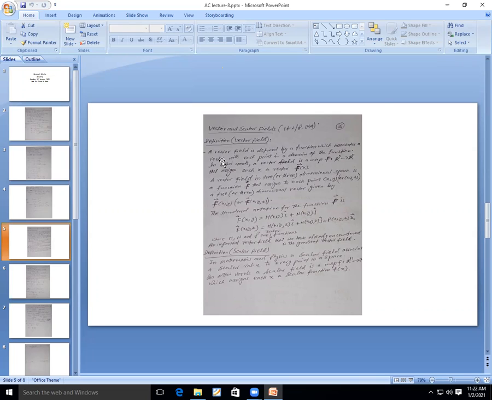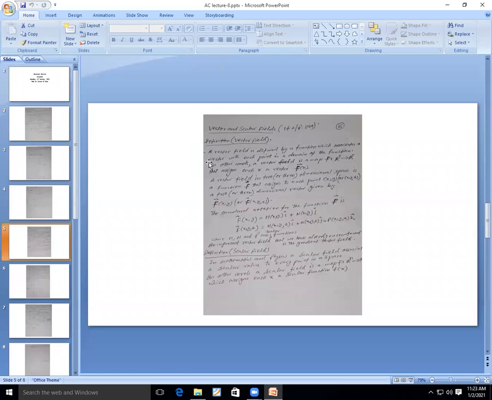By definition, a vector field is defined by a function which associates a vector with each point in the domain of the function. In a scalar field, any element in the space was associated with a real number, and for a vector field, any point in the space is associated with a vector.